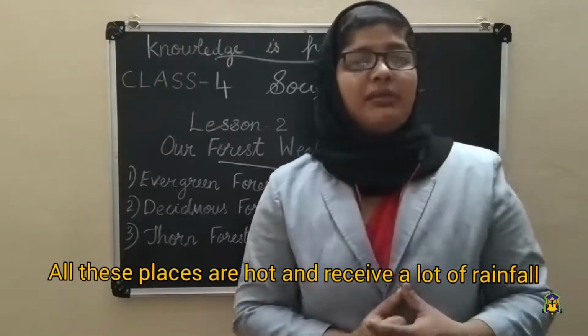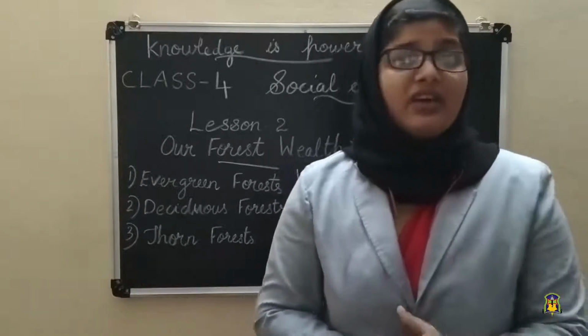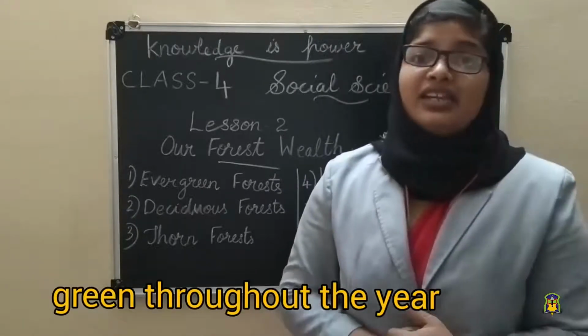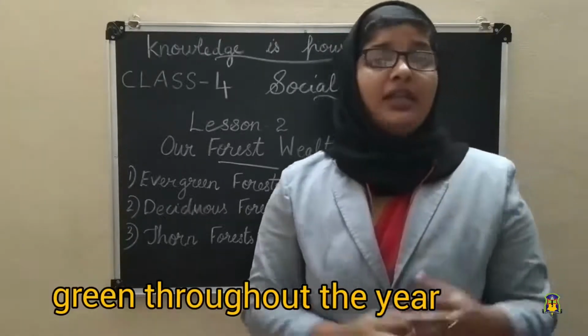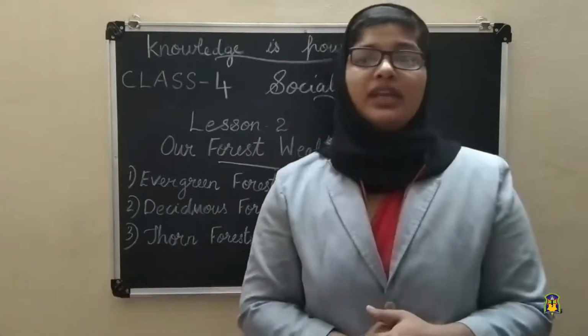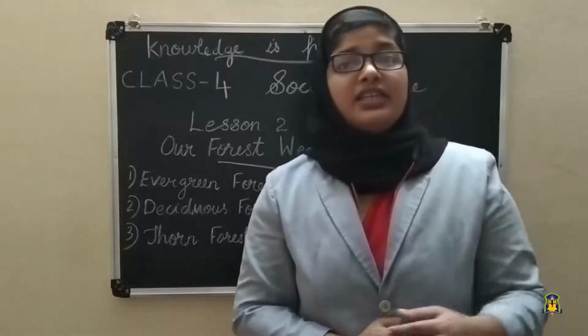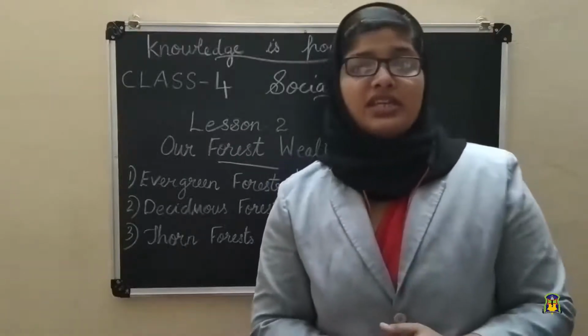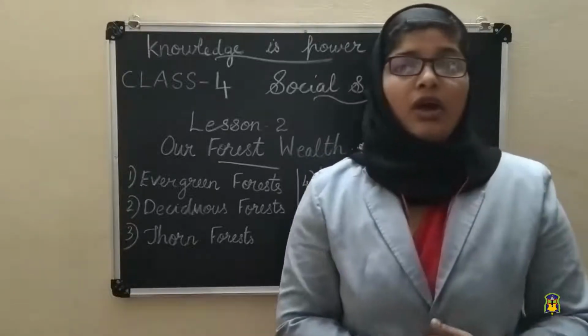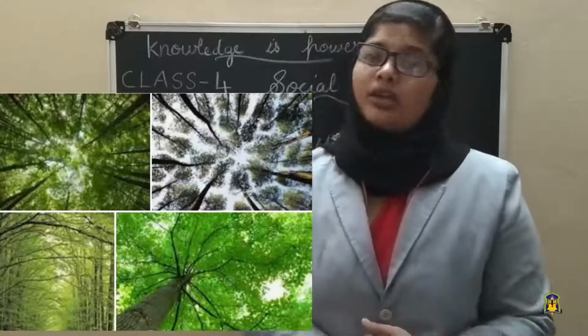From the name itself we could understand that in evergreen forest the trees remain green throughout the year. They don't shed all their leaves at one time. These trees are tall and have an umbrella shaped canopy or cover on the top.